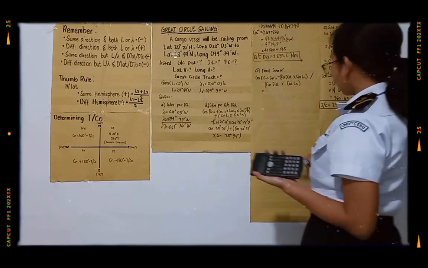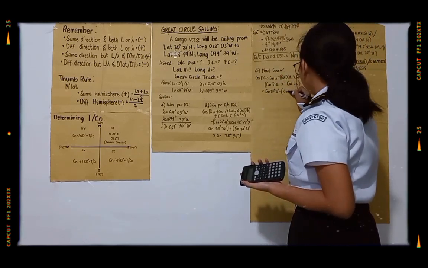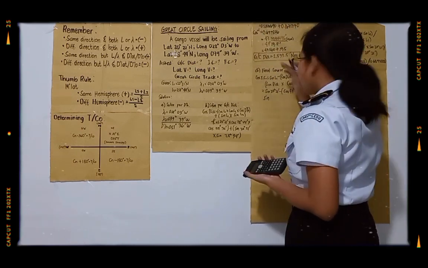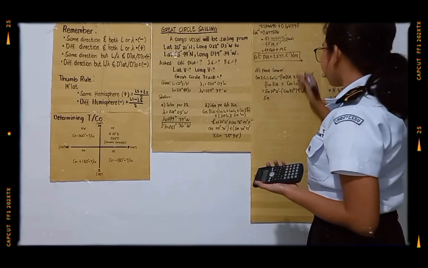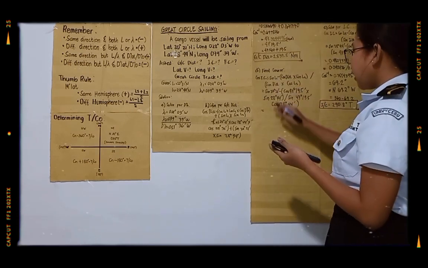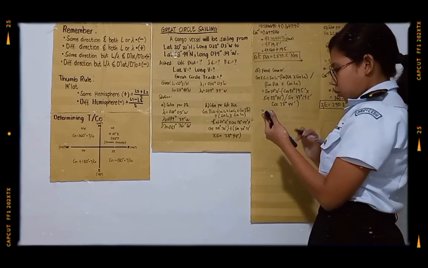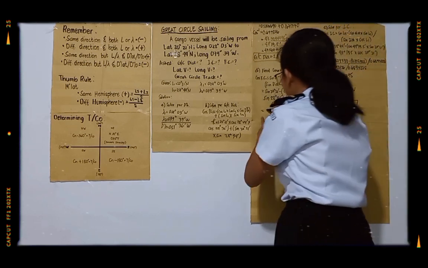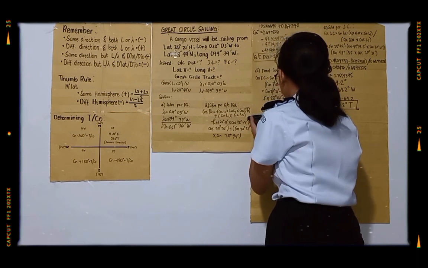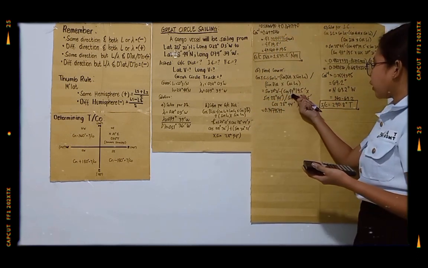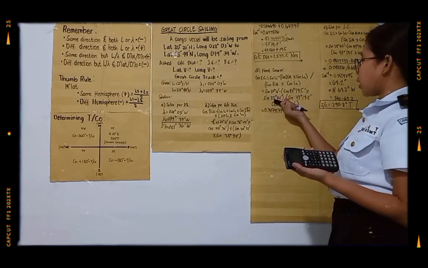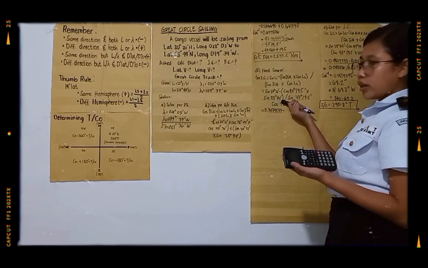Then substitute the values. We use this value instead of this. Sine L1 is equal to 0.3477539 minus the cosine 47 degrees 19.5 minutes multiplied by sine 28 degrees 44 minutes.